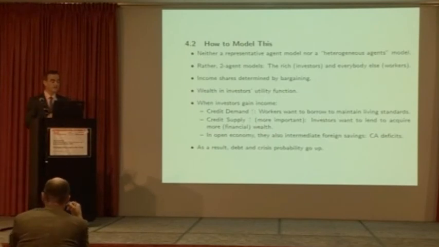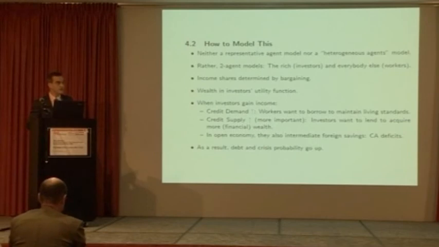When investors gain income at the expense of workers, there will be an increase in credit demand because workers will try to borrow to raise their living standards. But the more important channel is credit supply. Investors want to lend to acquire more financial wealth.